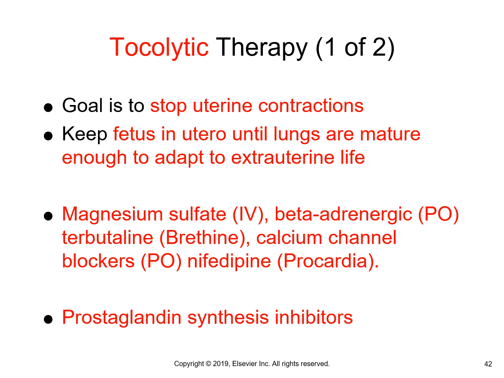That's the goal: keep them inside as long as we can. We might give medications such as magnesium sulfate, beta-adrenergics like terbutaline, calcium channel blockers like nifedipine, and prostaglandin inhibitors.